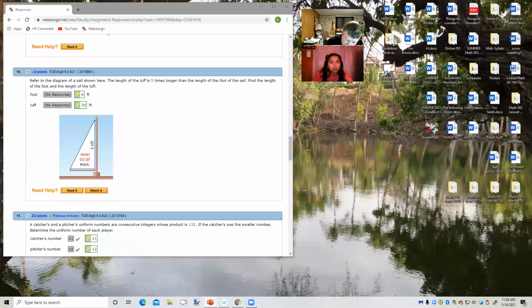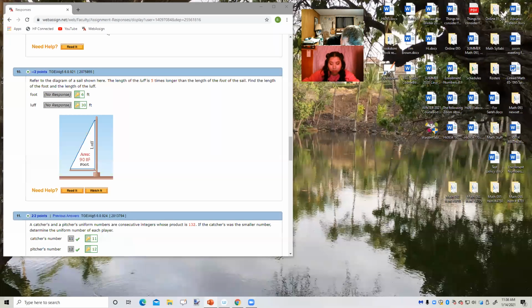So what we've got, this triangle, and we know that the area is 90 square feet, and we've got, let's see here, we've got the foot and the luff. Okay, now the luff is 5 times longer than the length of the foot.